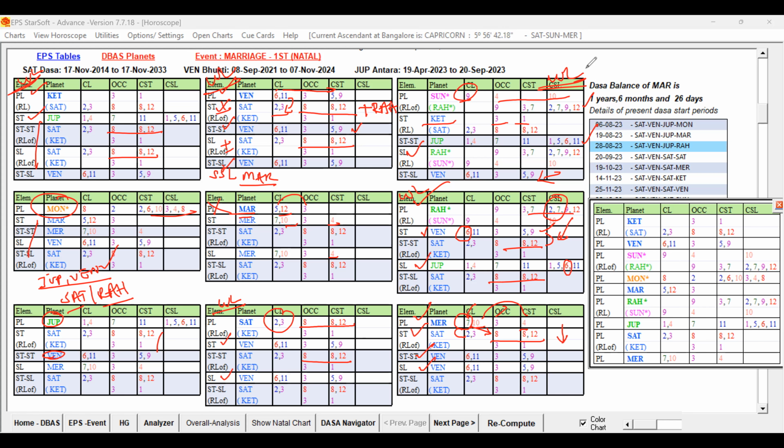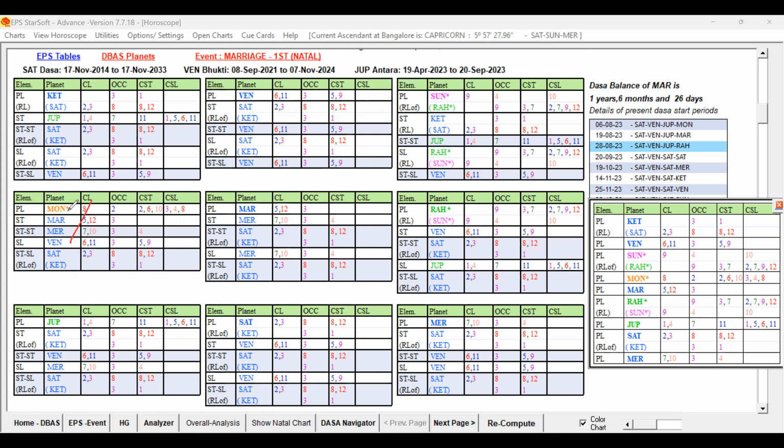So let me erase this: Moon, Mars, and Mercury. The remaining planets all have some favorable rulers, and also through the supports we discussed.